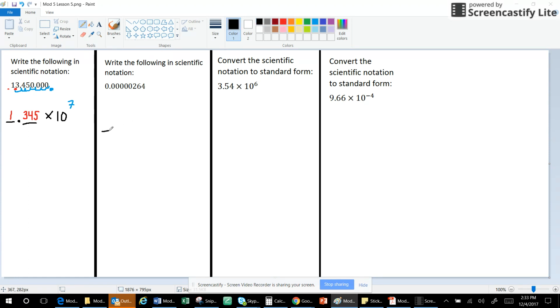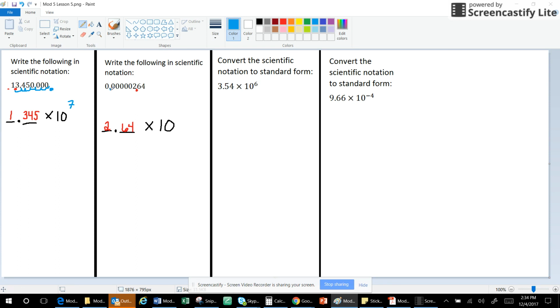So again, we're going to try to get a digit, decimal point, decimals, times 10 to some power. And there's our basic format for scientific notation. And so the first digit is going to be that 2, and then 64. And then to figure out the exponent, we figure out how far we're moving it.